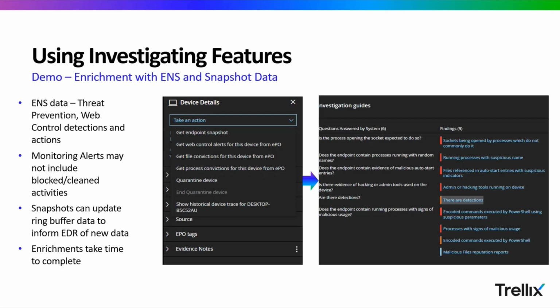Furthermore, if you're looking to update the information from the ring buffer on those systems, the snapshot ability allows us to bring in new information. So if we create an investigation and a couple of days later you want to learn more about that system and not rely on, say, an alert occurring again, then you can run an endpoint snapshot to record that and then update.